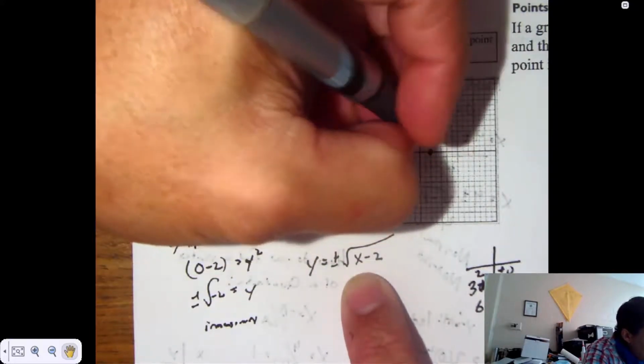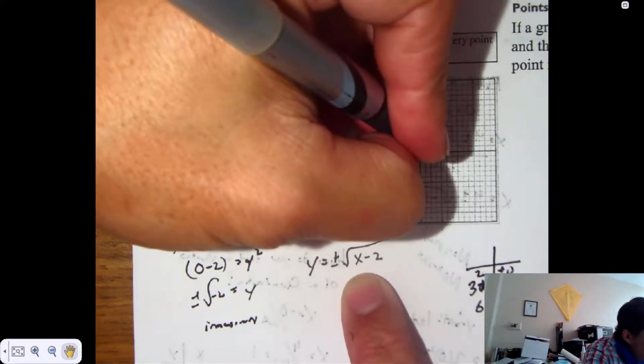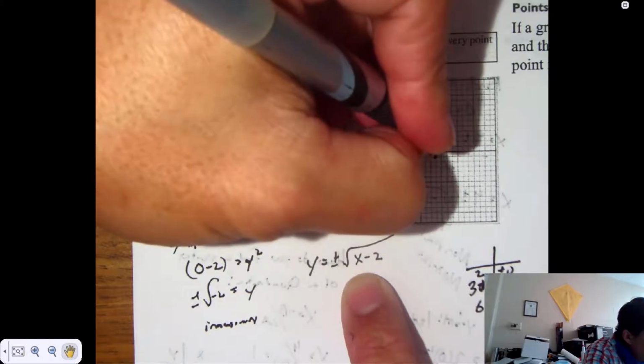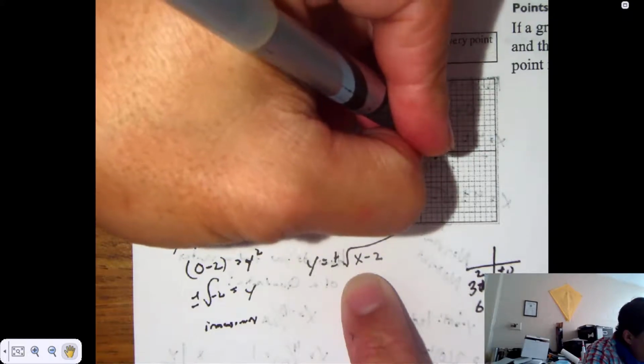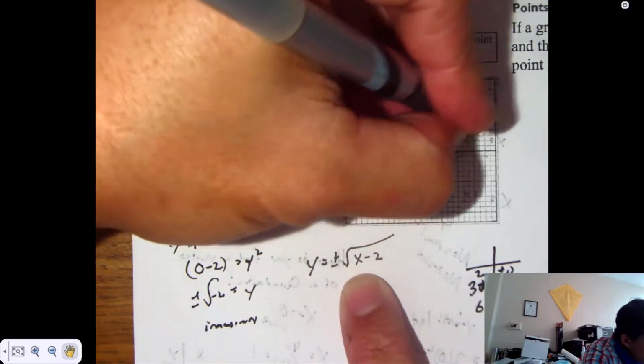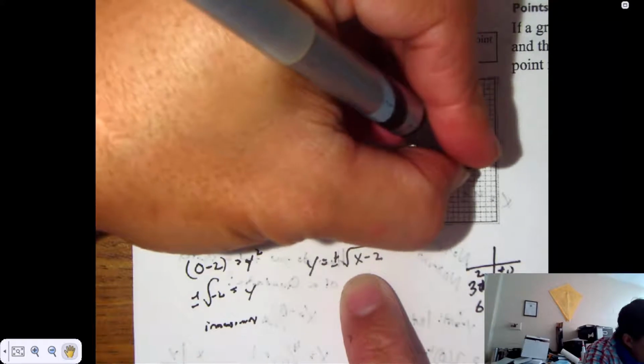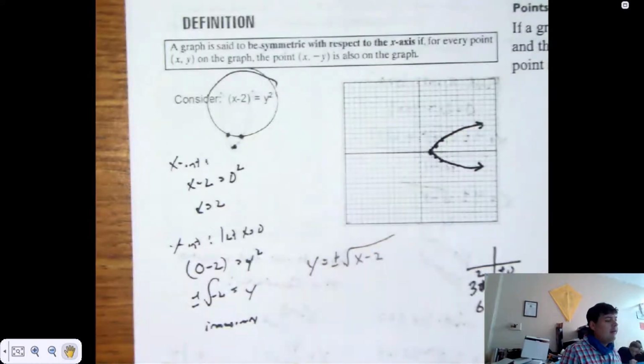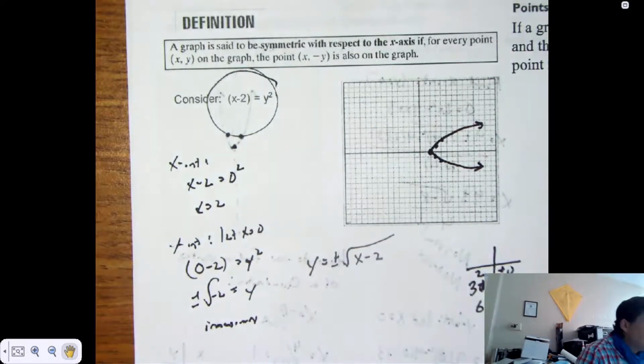This is actually a sideways parabola. It looks like this. So this thing has symmetry with what? The x-axis.